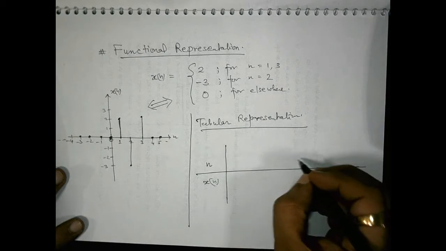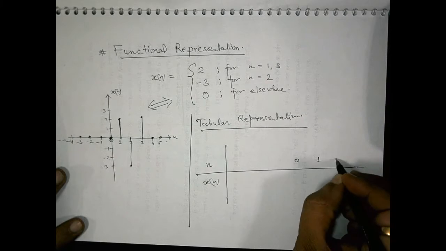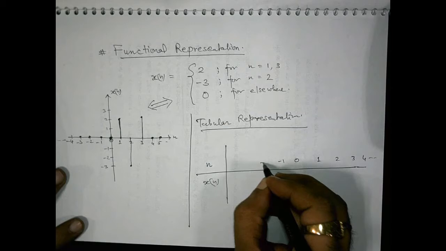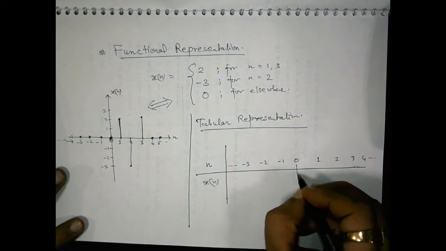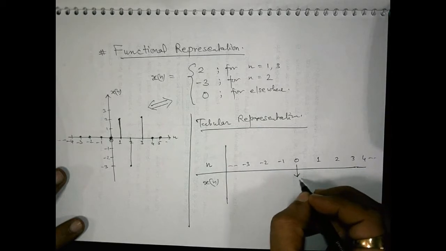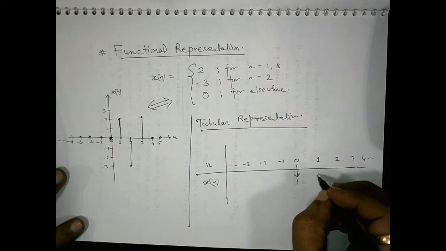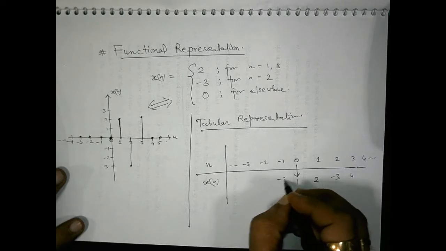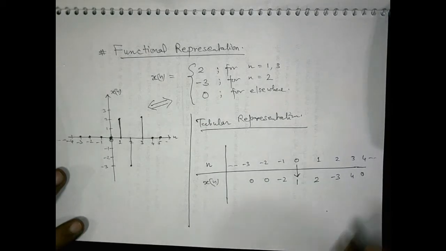We simply write down the n values 0, 1, 2, 3, 4 and so on, and here it is -1, -2, -3 and so on, and we simply put the strength value just below the integer value. So this is say 1, 2, -3, 4, -2, 0, 0, 0. So this is one way to represent the signal.